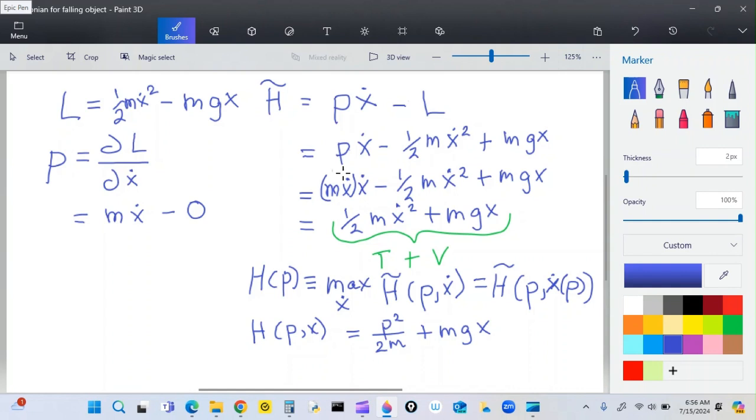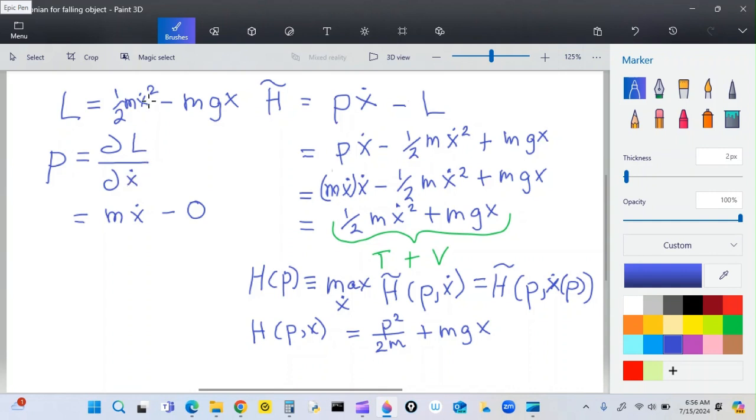Now, can we substitute m times v for p? Yes, we can do that. p equals the partial derivative of the Lagrangian with respect to x dot.